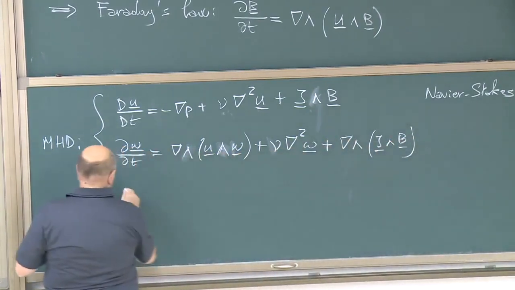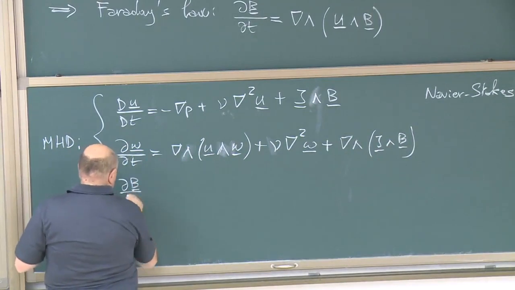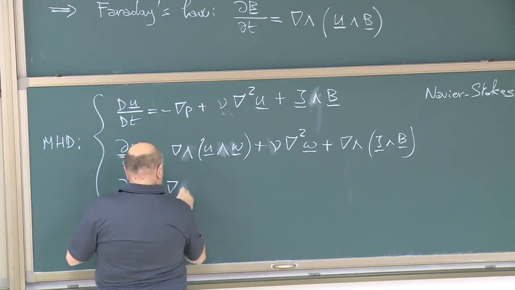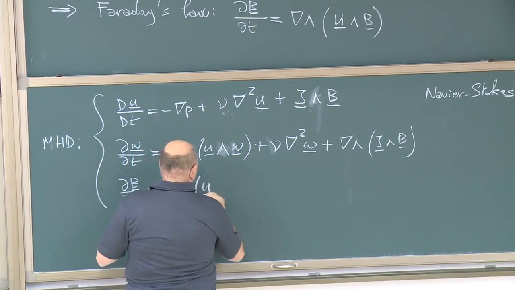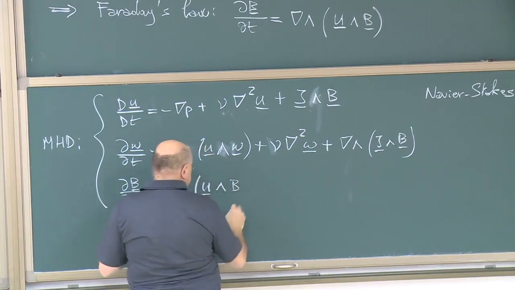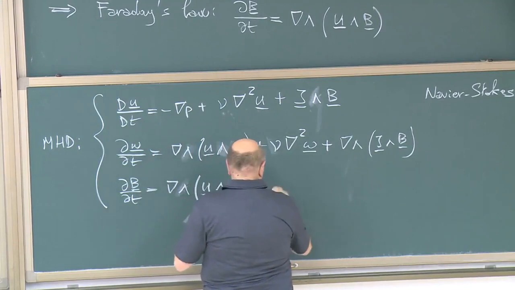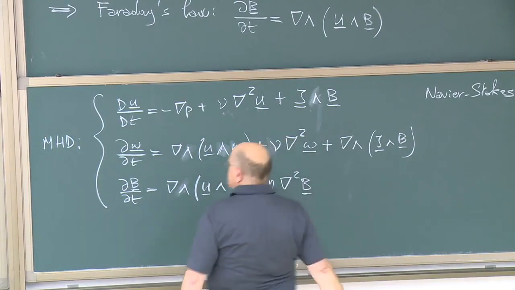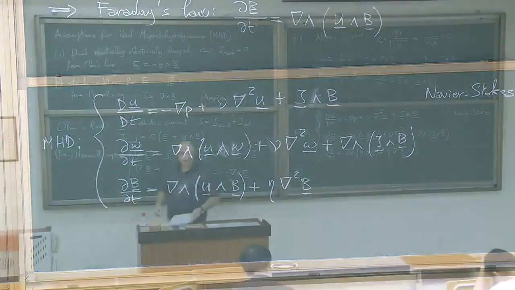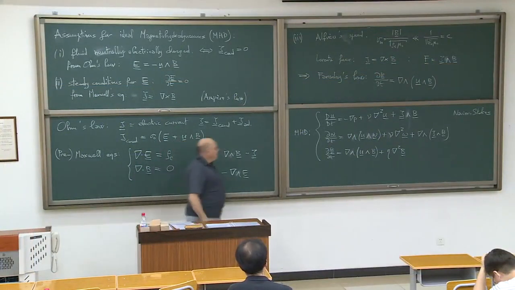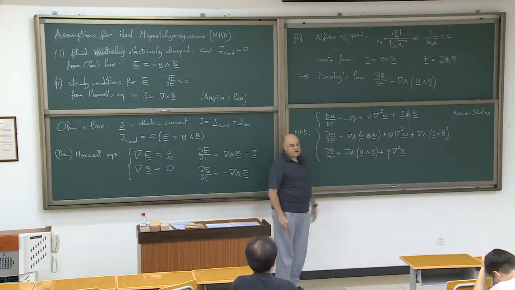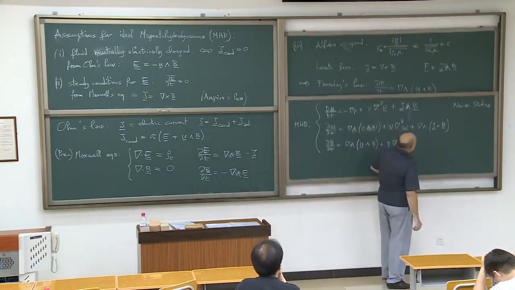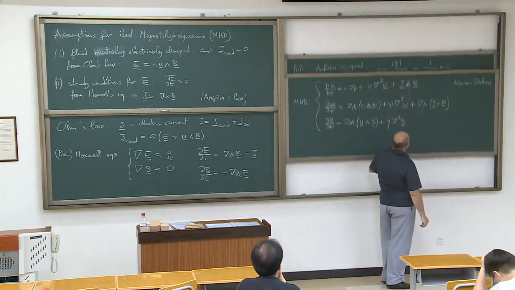So I have to include the resistivity: dB/dt equals curl of u cross B, and then plus the resistive effect, eta del squared B. Fortunately for me, I won't deal with this set of equations at all, but it's just nice to present this equation at least once.